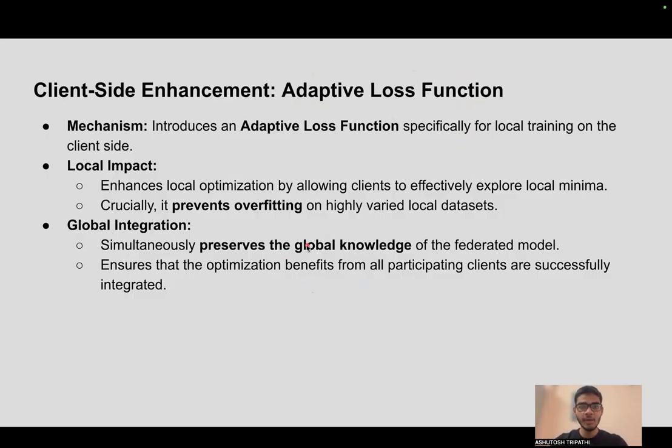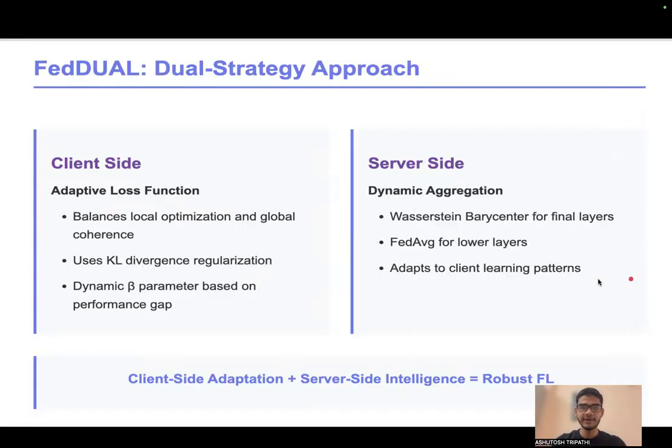It enhances local optimization by allowing clients to effectively explore local minima. It helps to prevent overfitting on highly varied local datasets, which is a classical scenario in federated learning. Simultaneously, it preserves the global knowledge that the global model has learned from all of the participating clients. So it ensures that the optimization benefits from all clients are successfully integrated while it doesn't overfit on any client's dataset. Let's see more over it.